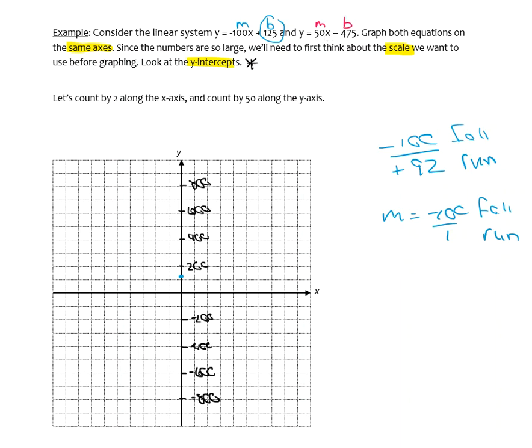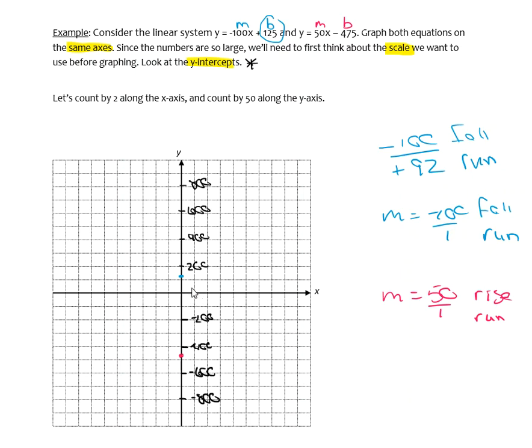Let's put the pink one on. I'm going to put negative 475 on here. From that y-intercept, my slope for this one is 50, so that's really 50 over 1. I'm going to rise 50 and run 1. So I don't want to count by 100s, I'm going to count by 1s.